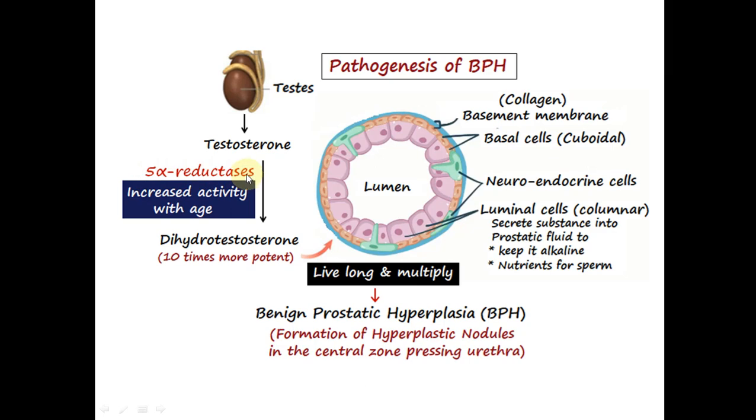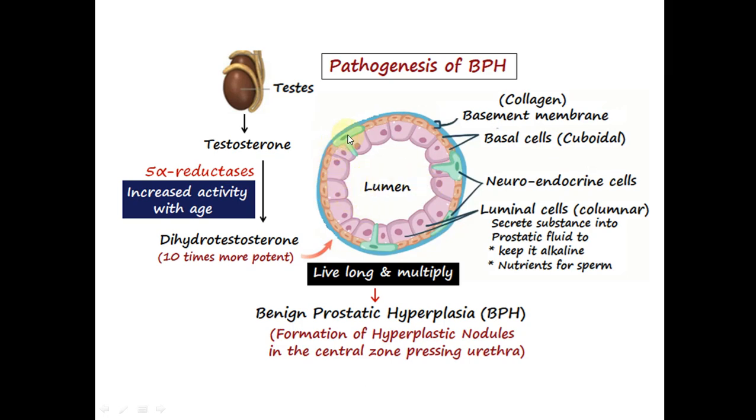And as we know, this enzyme will convert testosterone into dihydrotestosterone, which is 10 times more potent than testosterone, and it will cause hyperplasia and hypertrophy of the prostate glandular cells, and also the fibromuscular tissue.